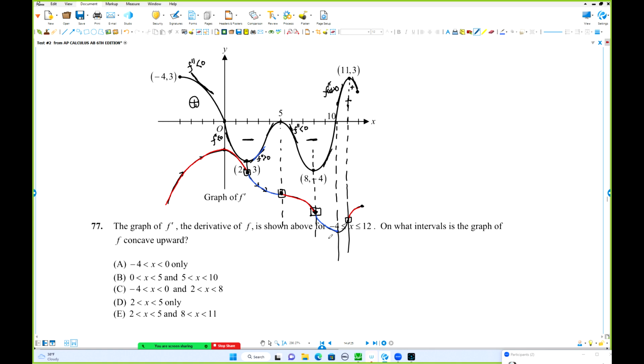So where is it? 2 and 5 first, okay? 2 and 5. Another one is over here. 8 and 10, concave up here. No, up to 11, right? Up to 11. Okay? They are concave up, right?